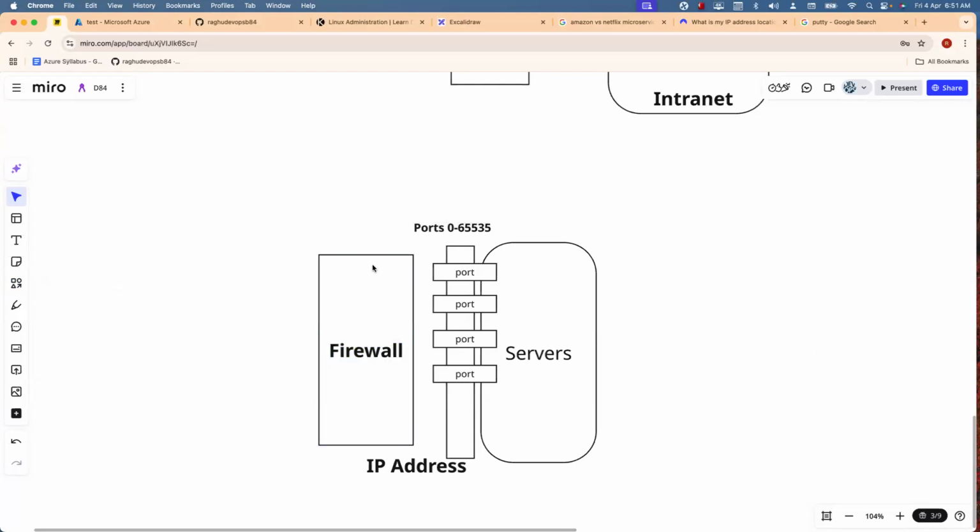Now, the firewall rules will tell who can reach, who cannot reach our server on a certain port. This will decide whether you have a connection to that particular port or not. Someone is actually protecting and guarding you. By default you're open to everyone, but someone is protecting you, looking at what you're actually running.